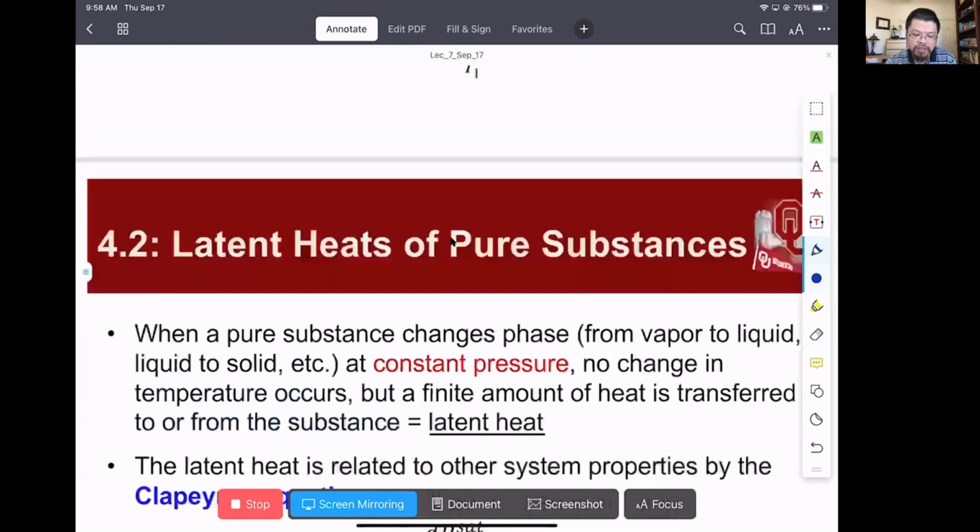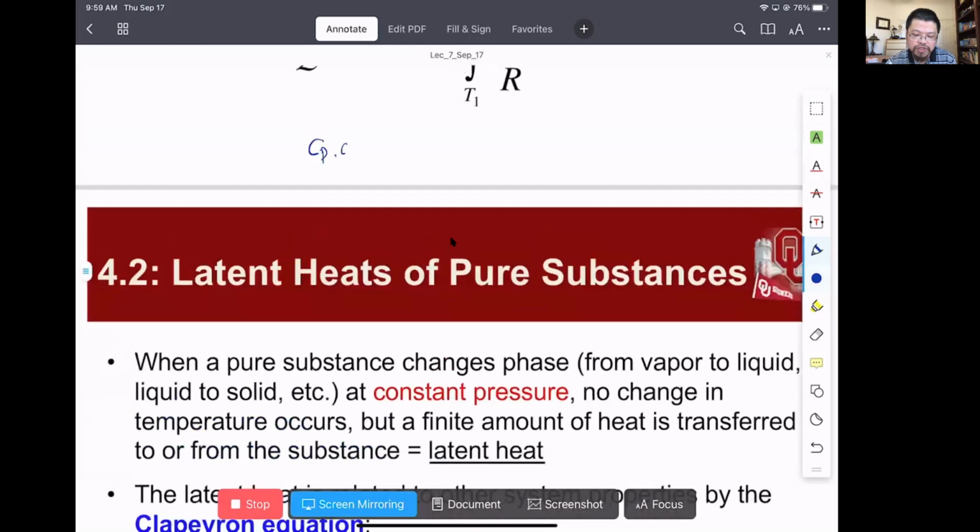So when we talk about the CP, CV, we are interested in moving a pure substance within still the same phase. Okay, we are talking about liquid water, and there we are still talking about liquid water.